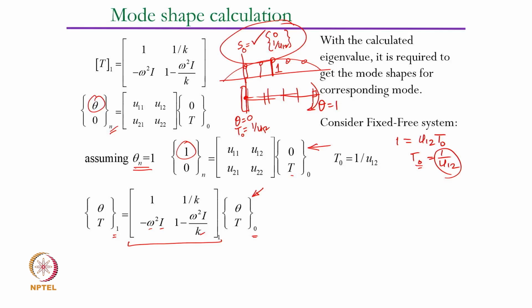So that means this state vector S1 is known. Once S1 is known, S2 is known, S3 is known, and so on. You can keep on making these multiplications to get all the state vectors.